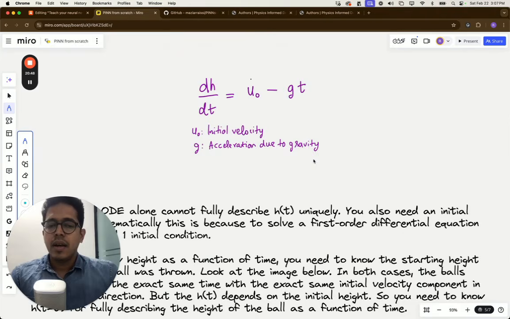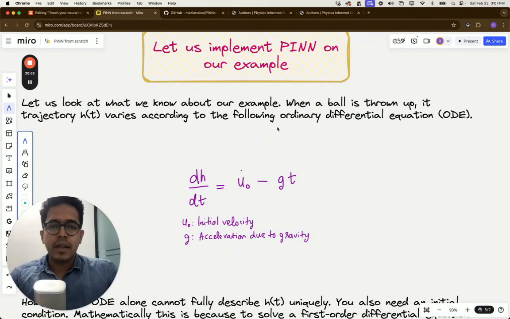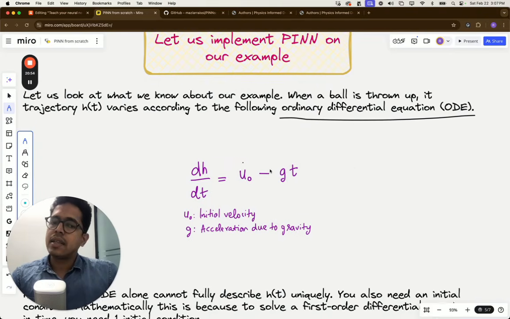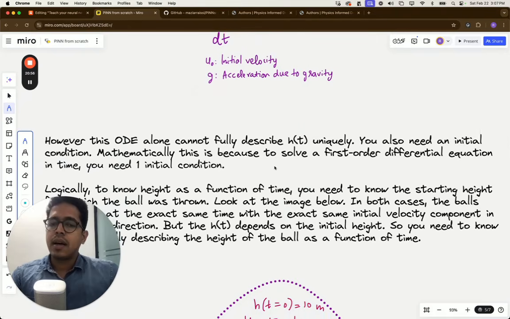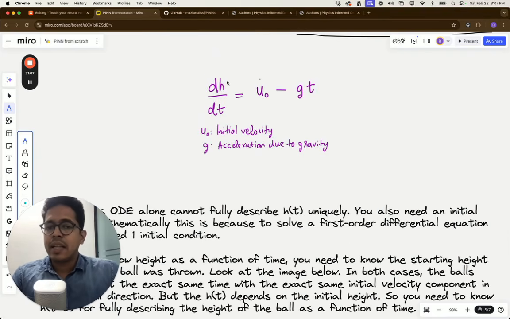ball. However, this ODE, this ordinary differential equation, cannot fully describe our system because height cannot be fully determined, meaning uniquely determined just with the help of this differential equation. You also need an initial condition. So you can think of it mathematically. So mathematically, this is a first order ordinary differential equation, which means if it is in time, you need one initial condition.